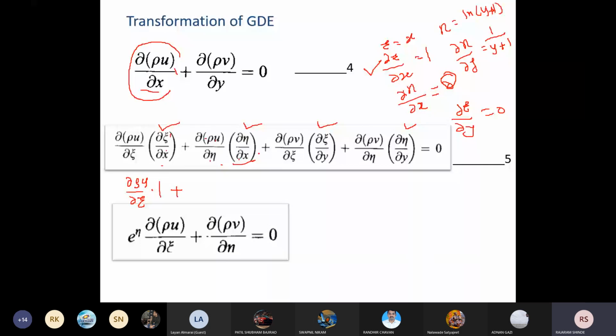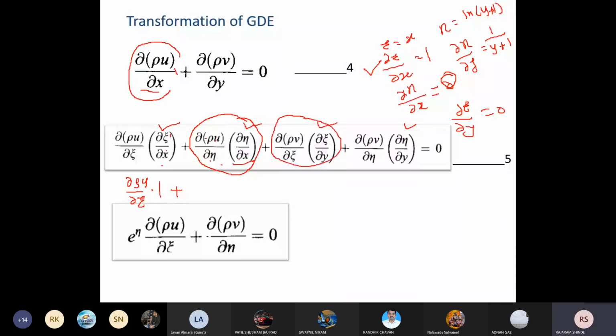Now next one, ∂(ρv)/∂ξ into ∂ξ/∂y, sorry, this is your 0 term, so this term is also 0, okay.